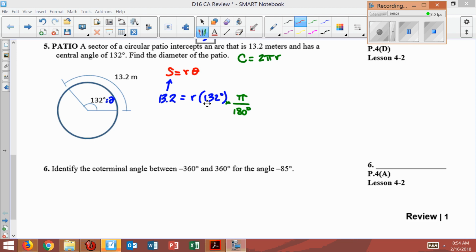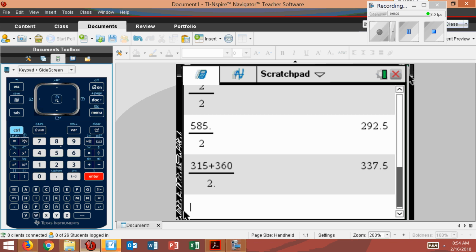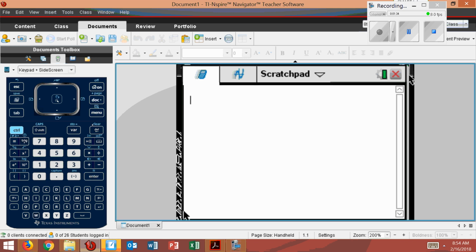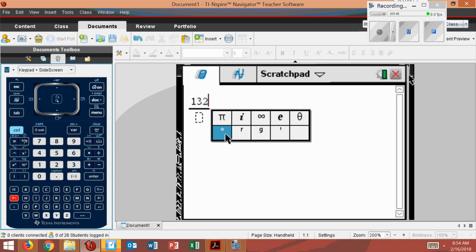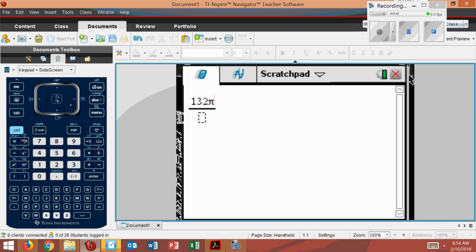So here's what we got. This would equal, let me find out what this value is. Let me clear this so we can see a little easier. So I have a fraction, 132 multiplied times pi, and I divide that by 180.